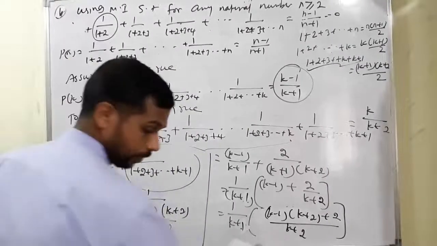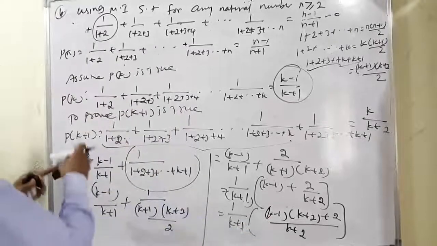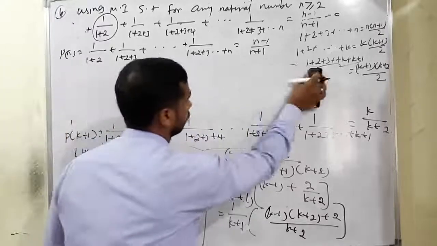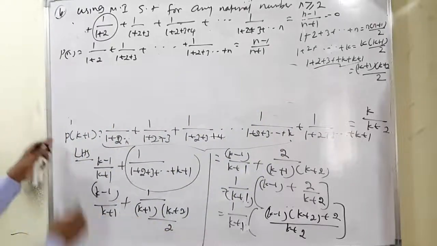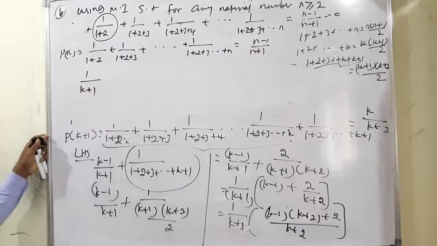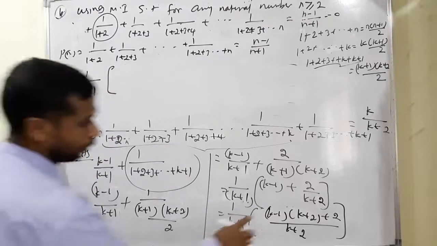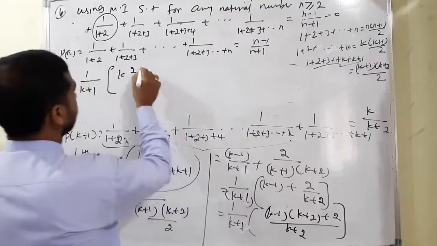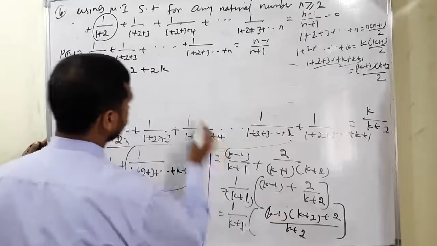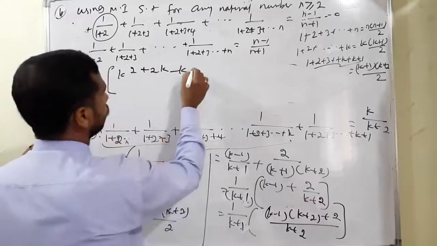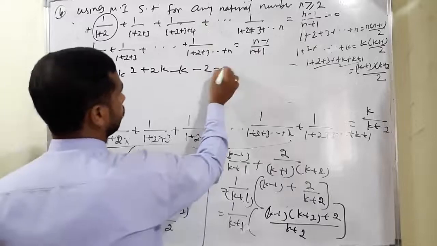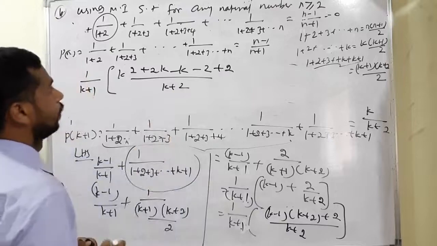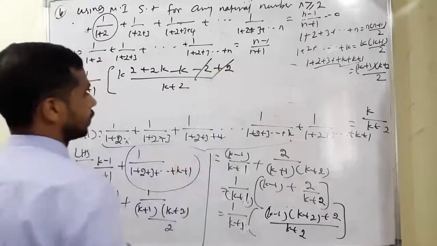So now after getting this line, what we have to do, look, outside 1 by k plus 1, then bracket: if you remove the bracket, k into k, k square, then plus 2 into k, plus 2k, minus 1 into k, minus k, minus 1 into 2, minus 2. Then outside plus 2 is there, divided by k plus 2. Again minus 2 plus 2 cancel.